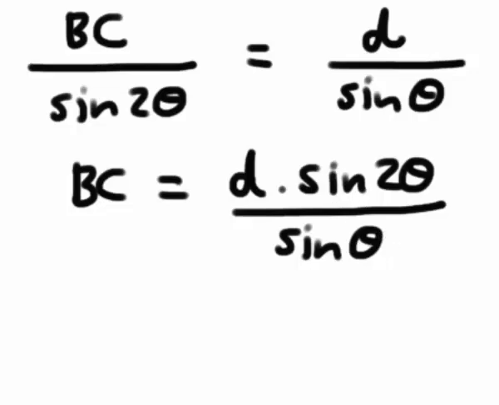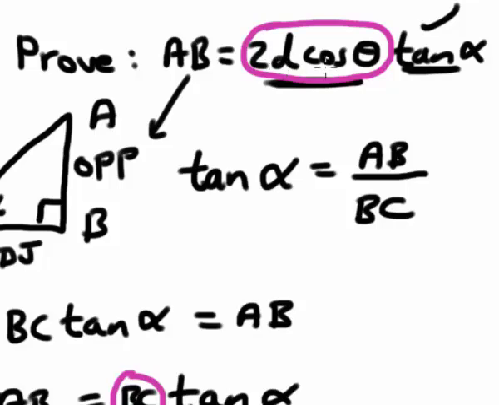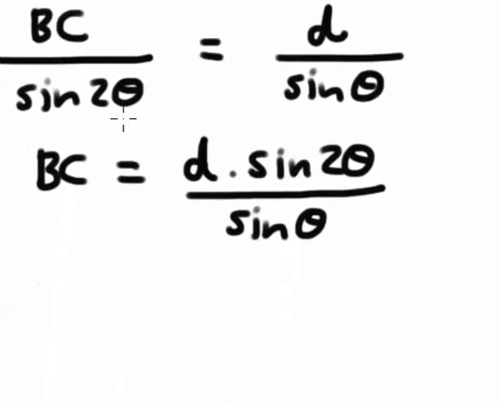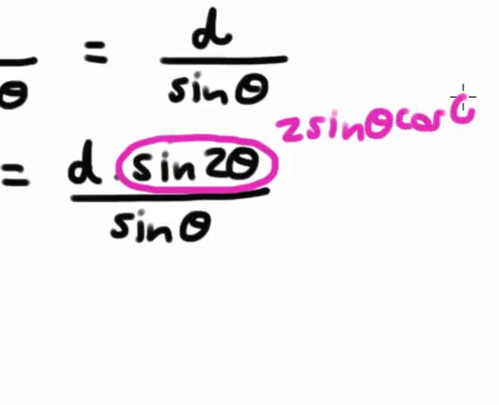Now how do we connect this to that? 2d cos theta, that's weird. If you have a look at this, do you notice what is lying over here? Sine 2 theta. And what is that going to be? That's 2 sine theta cos theta.